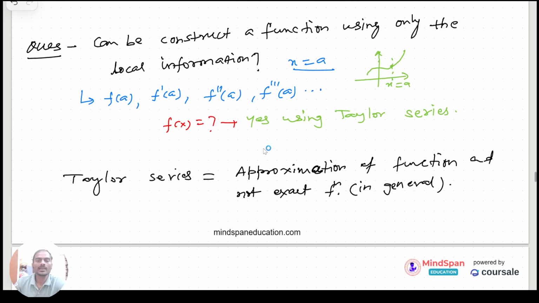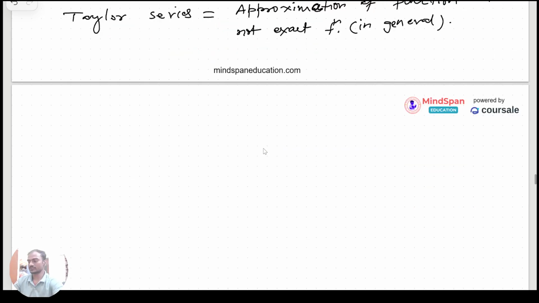Okay. Now let's talk about how we do that. The idea of Taylor series is very simple. We try to fit a polynomial based on the local information. So let's talk about x equal to a.